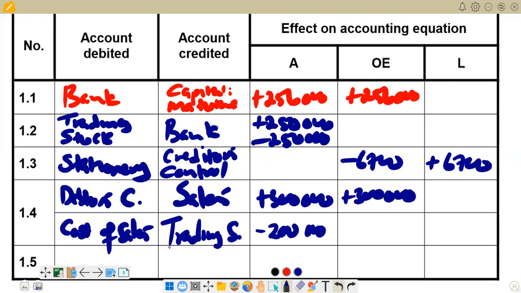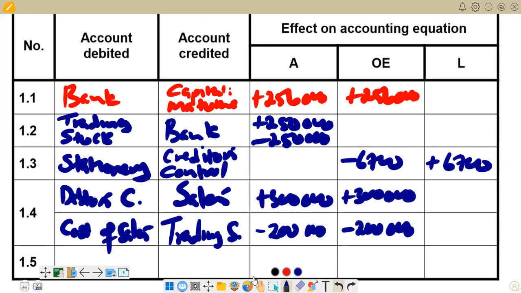Then cost of sales is adjusted in the income statement in the trading account. It reduces the figure for owner's equity. In other words, it reduces the net profit figure, and then also has the same effect on owner's equity, negative again, 200,000. So that's what we have there on 1.4.